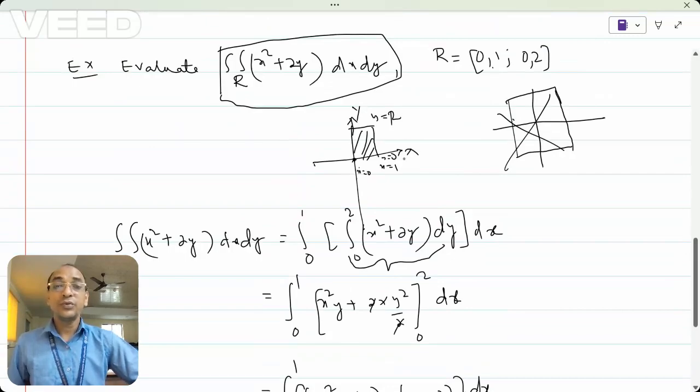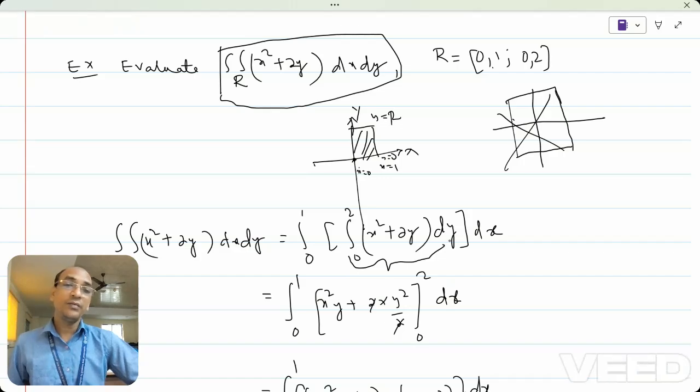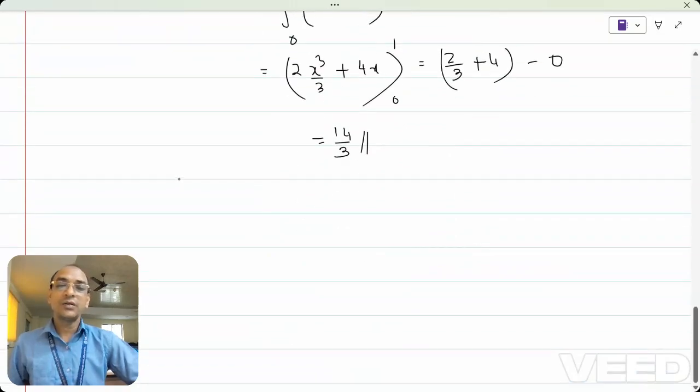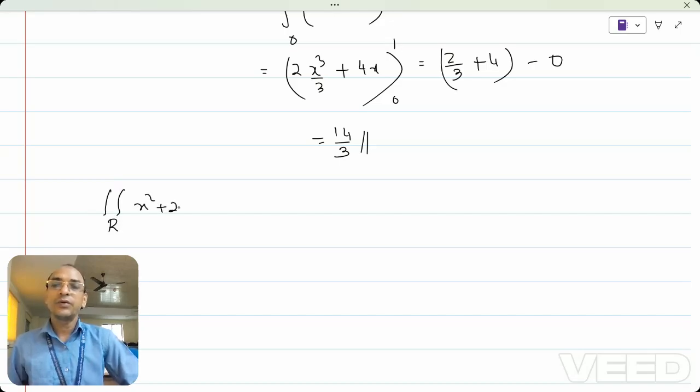This is the value of this double integral over the rectangle [0,1] by [0,2]. Now suppose here I put y as the inner integral and x as the outer integral, but some of you may want to put x as the inner integral and y as the outer integral. That means the integration over R of x square plus 2y, dx dy.